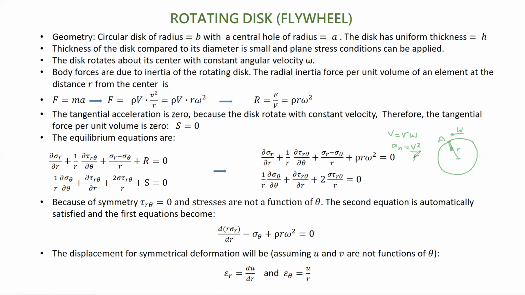Substitute V from that equation to here. You end up with this simple relationship that the normal component of acceleration is equal to R omega squared. Mass times acceleration, that is density times volume is mass, times acceleration, that gives you the centrifugal force that is created as a result of rotation of that disk.